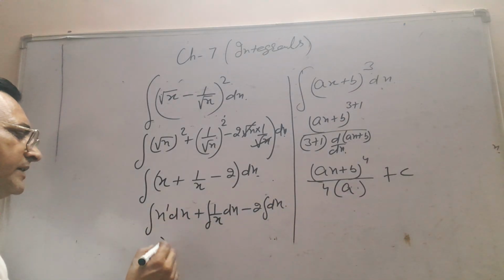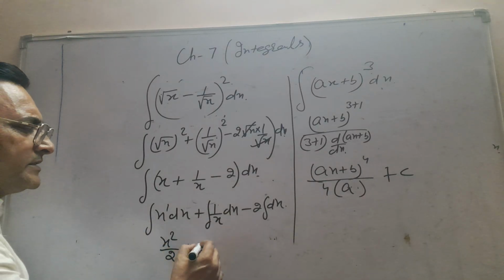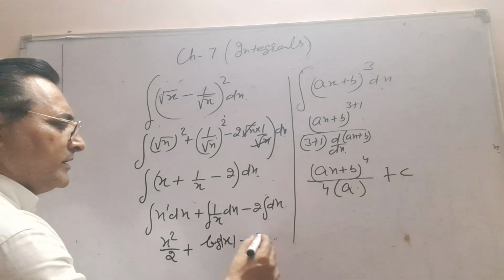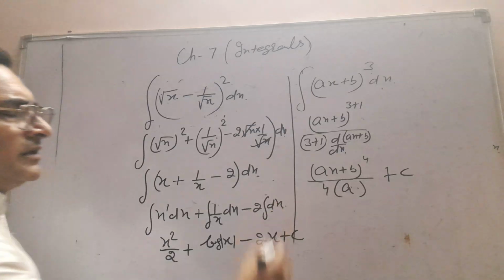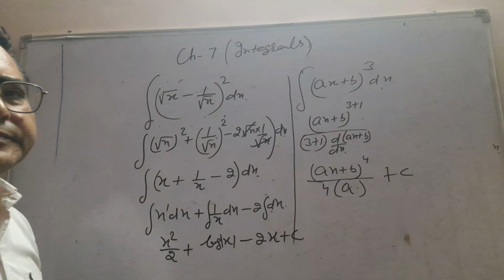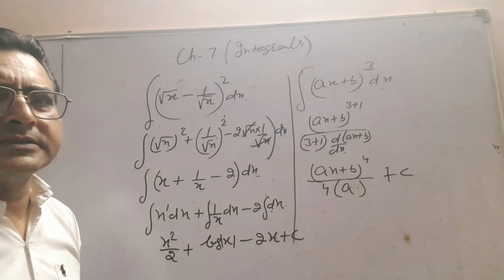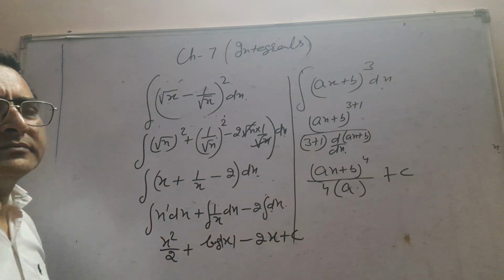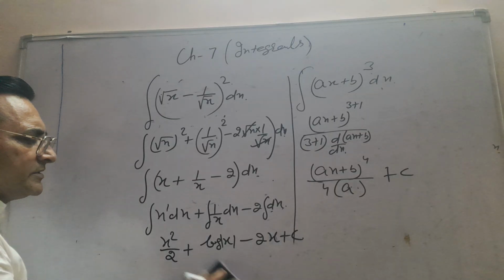So x power 1 is there, so you can write x square by 2, plus the integration of 1 by x is always log x, minus 2 and the integration of dx is x, plus c. I already told you that the integration of dx is always x. So in this way we can solve these types of questions, algebraic functions.